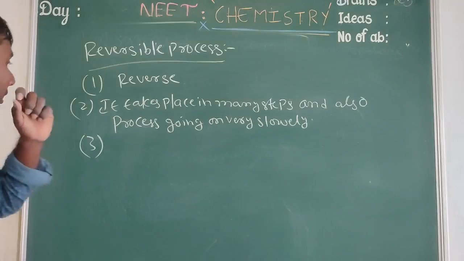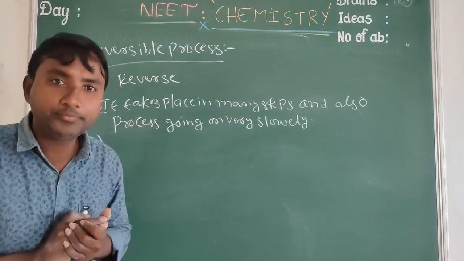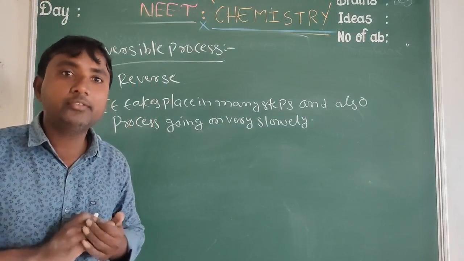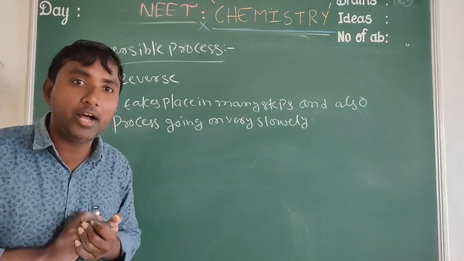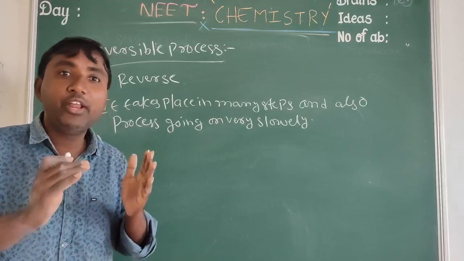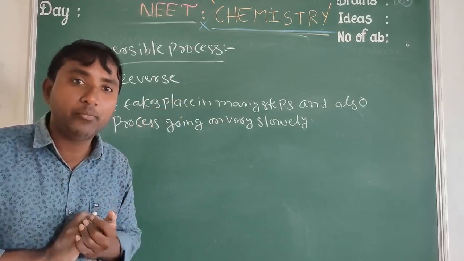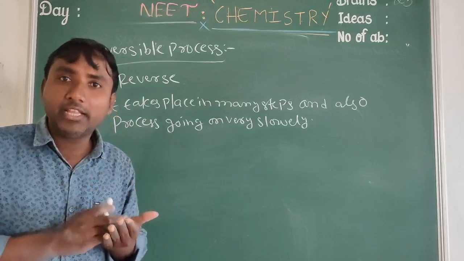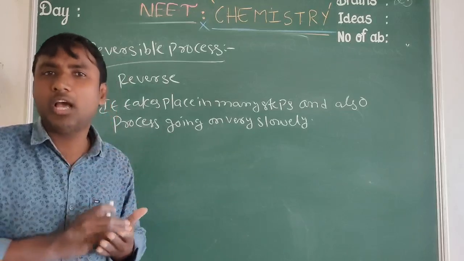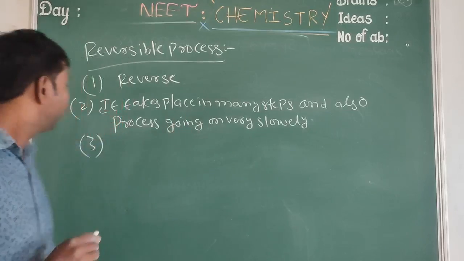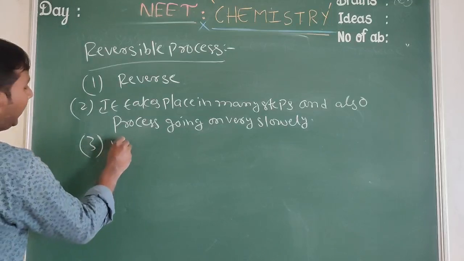Next, in a reversible process, the total process should be in equilibrium state. That means virtual equilibrium state: any part of the system is in equilibrium state.